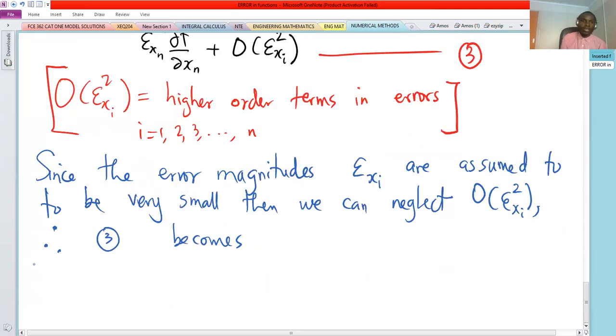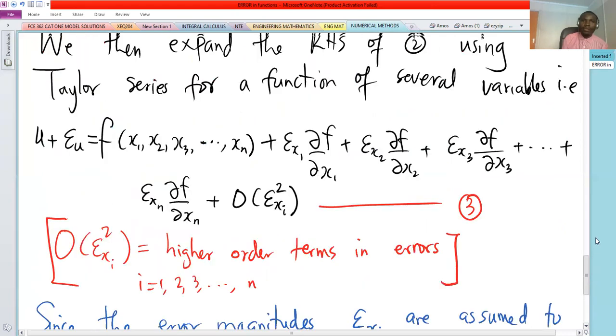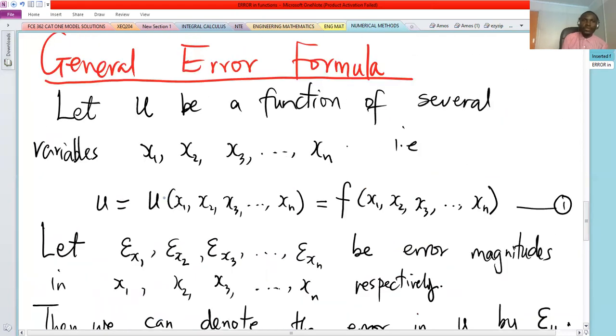now let me just write, u plus error in u is equal to, and so remember from here we say that u equals u of x1, x2, x3 up to xn, which is the same as a function f of x1, x2, x3 up to xn. So where there's f of x1 up to xn, you can put u of x1 up to xn, or you can put just u.